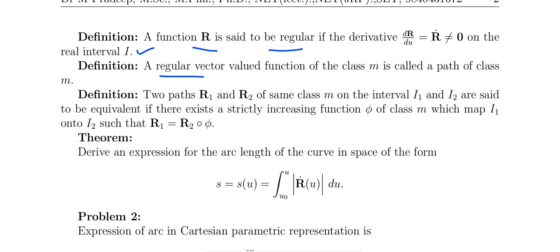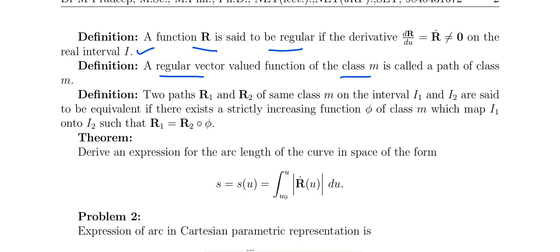A regular vector valued function of the class m, that is, the mth derivative exists and is continuous. Okay, up to m derivatives exist and are continuous அப்படின்னு அர்த்தம். A regular vector valued function of the class m is called a path of the class m.